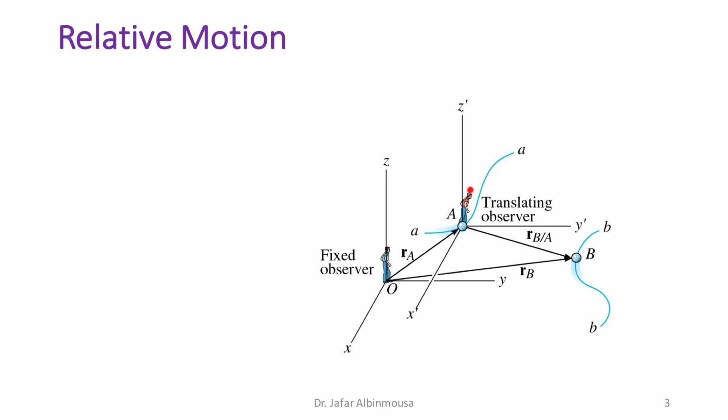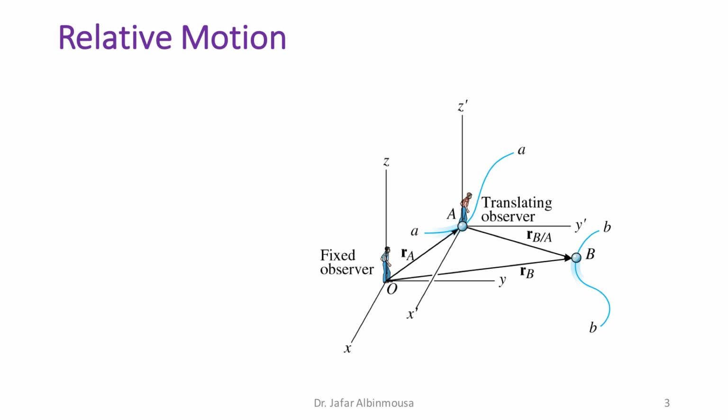However, if the person, who is treated here as a particle as we explained earlier in chapter 12, is moving along this path and wants to measure the position, velocity, or acceleration of particle B, then this person is moving. This is why we call the coordinate system attached to him X bar, Y bar, Z bar. It is a different coordinate system, and this is what we call a translating observer, because he is translating.